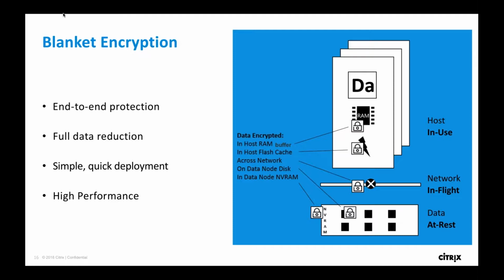Blanket encryption is, as far as I know, the only solution on the market today that will encrypt data on the host, on the wire, and at rest using the same AES XTS 256 algorithm. That gives you the confidence that the data is completely encrypted all the way through from the host to the data on the data nodes.